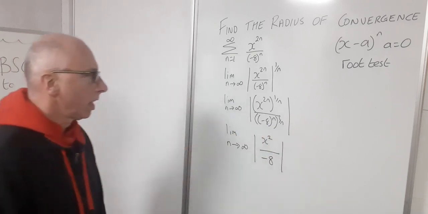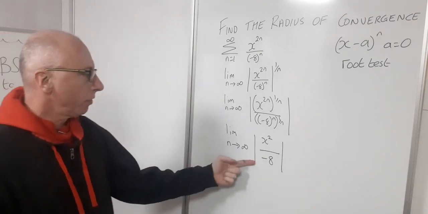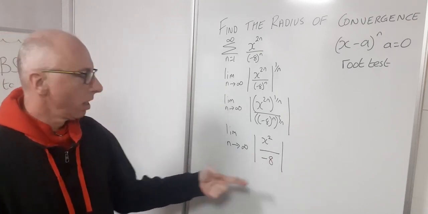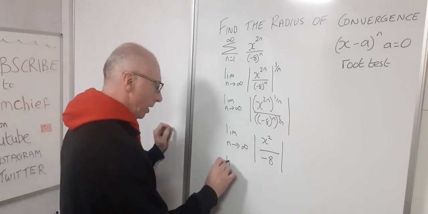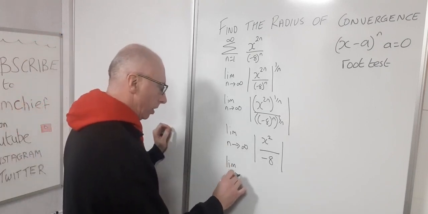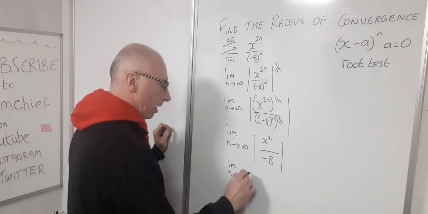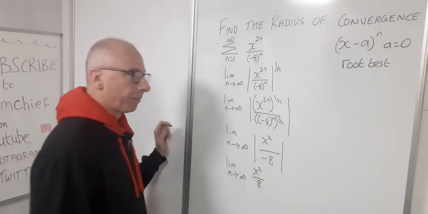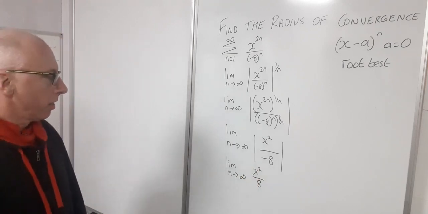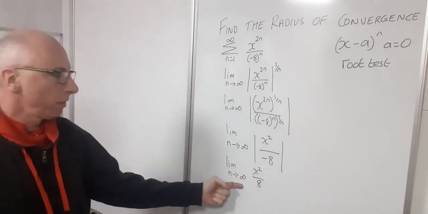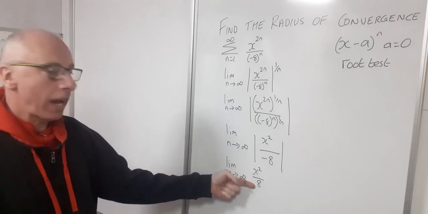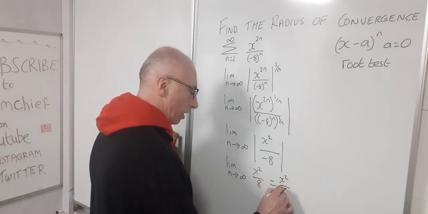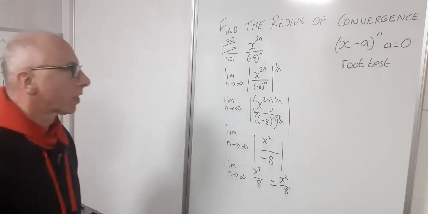Okay, now as we've got absolute values, we can take away this minus sign, and now we're just left with the limit as n approaches infinity of x squared over 8. There's no n involved in this term, so this just equals x squared over 8.